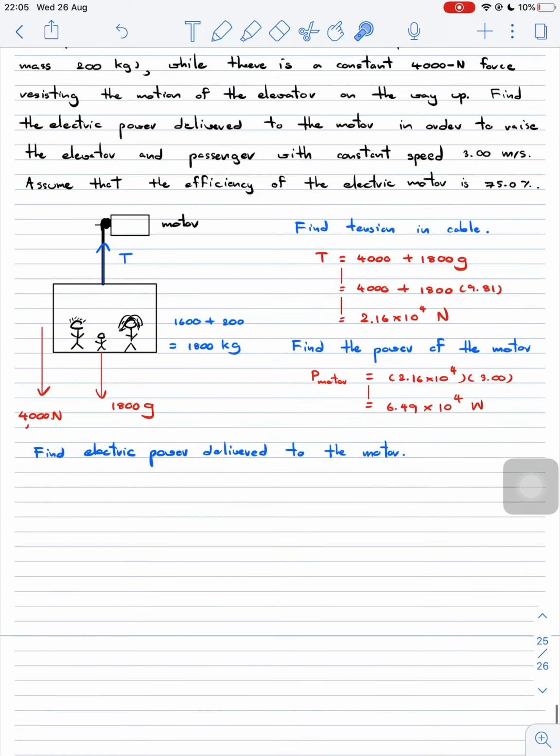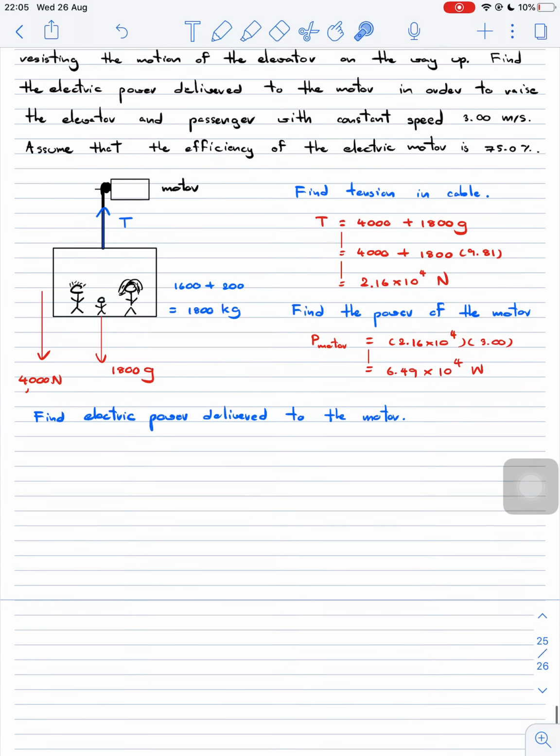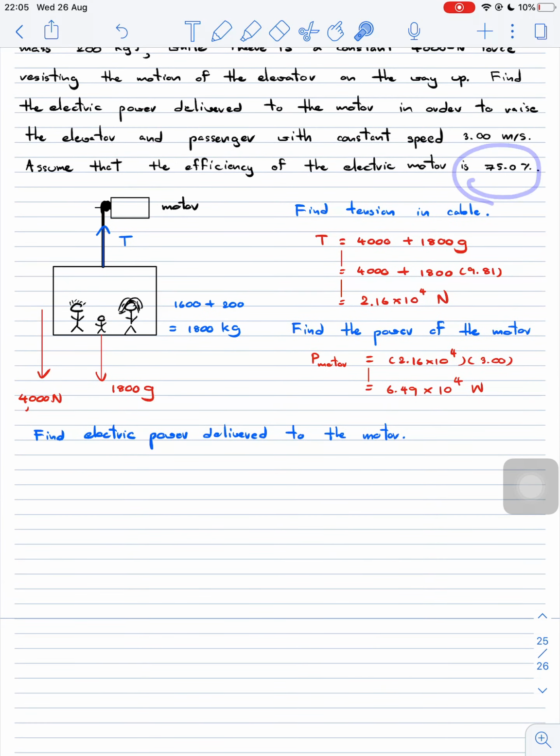It means that if the electric current gives the electric energy equal to 100 joules, the electric motor will get only 75 joules, and the other 25 will be lost via heat or sound or whatever.